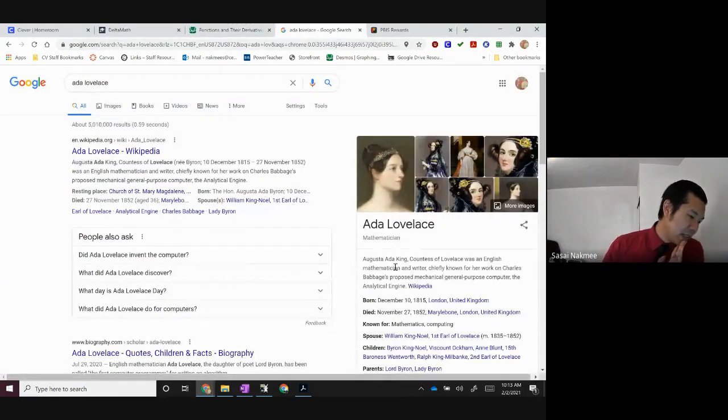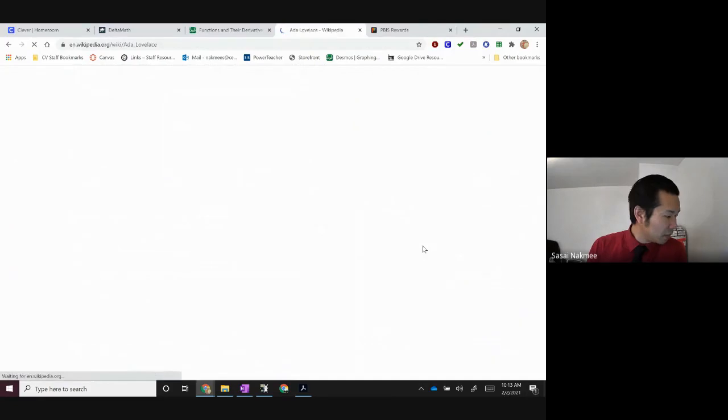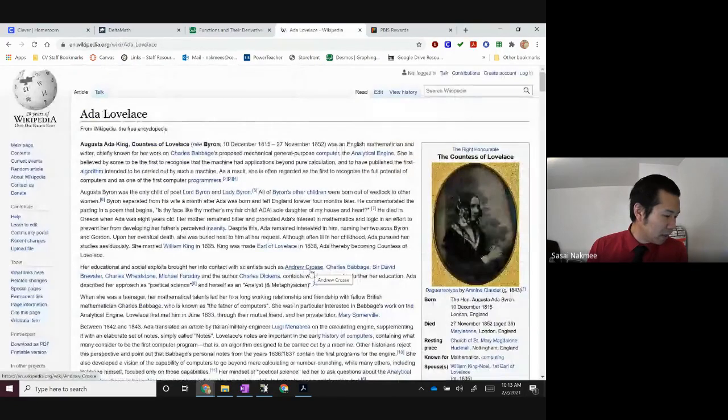Augusta Ada King, Countess of Lovelace, was an English mathematician and writer, chiefly known for her works on Charles Babbage's proposed mechanical general purpose computer. Born in 1815, died in 1852. Known for mathematics and computing. The world of math has been around for a long time. That's cool, though. She actually had a title called Countess.